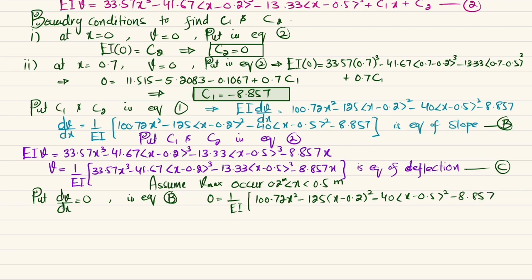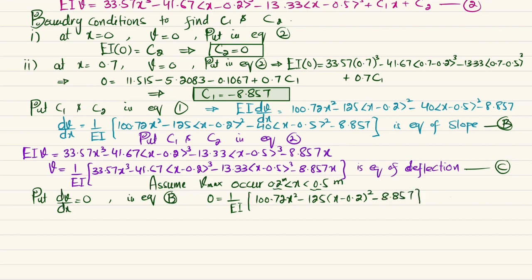You can see x is greater than 0.2 and less than 0.5. So if x is less than 0.5, this term will be 0. So we will remove this term, and this will be only minus 8.857.